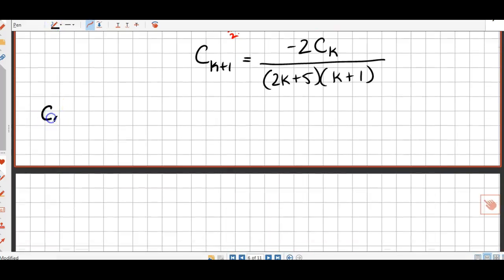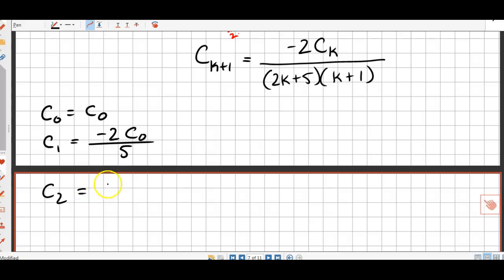So once again, we've got c sub 0 is just equal to c sub 0. C sub 1 is going to equal negative 2 times c sub 0. So we're letting k equal 0, so we get 5 times 1, so we're just getting 5 in the denominator, so we get negative 2/5 c sub 0. C sub 2, we get negative 2 times c sub 1.